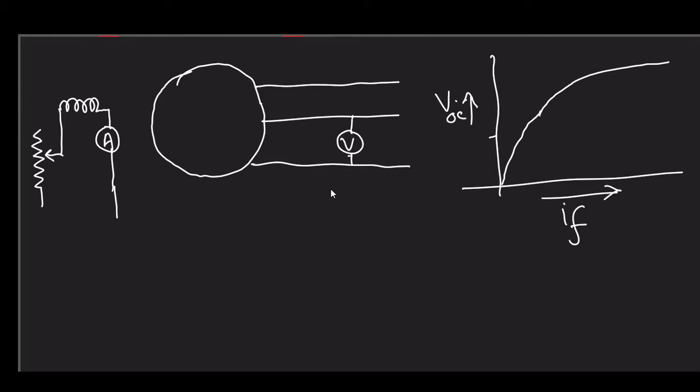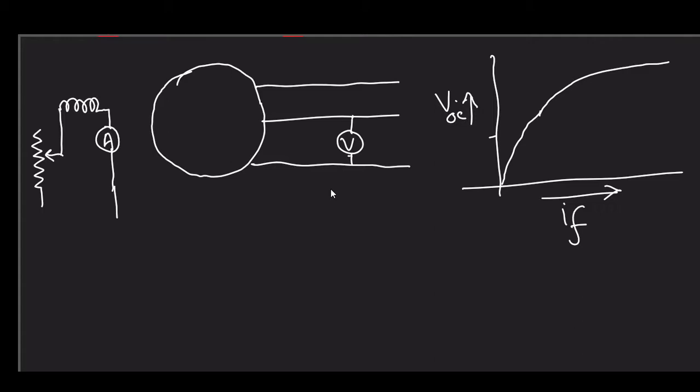We cannot see a proportional change in our open circuit voltage, and that is quite obvious because of what this field winding current is going to do. The field winding on your rotor is going to strengthen the field flux present inside your machine housing.